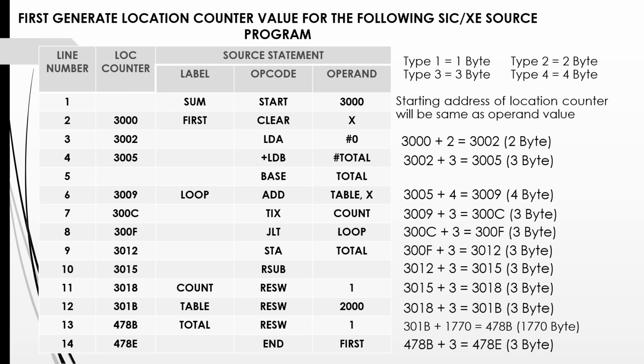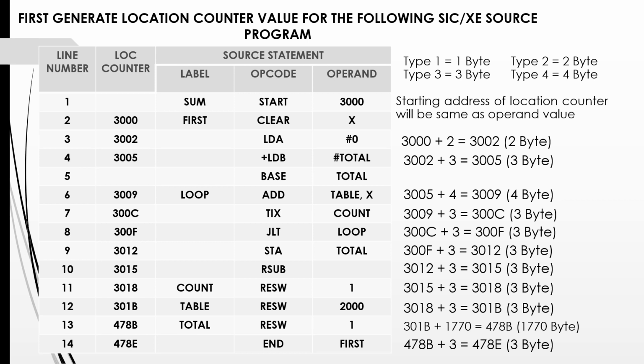Now let us generate the location counter value for the following SIC/XE source program. First, we have to calculate the location counter value for each instruction, that is for the labels, sum, first, loop, and the opcodes also, for start, clear, LDA, LDB, base and so on. There are some of the instructions of the SIC/XE machine.